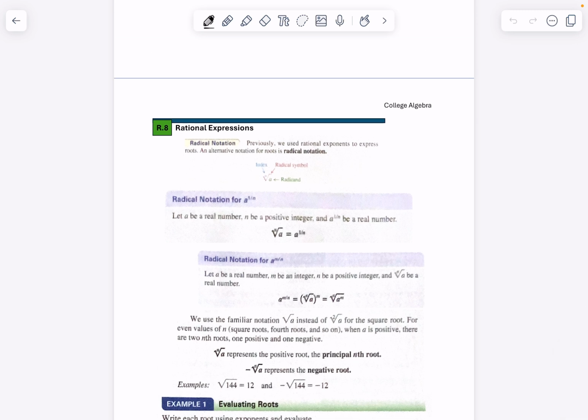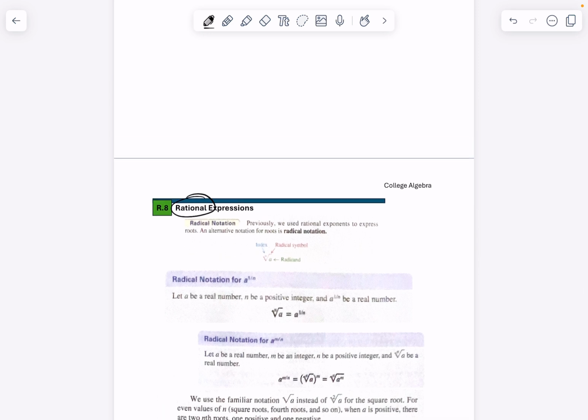But section R.8 is all about rational expressions. Just leading up to this point, we've been dealing a lot with polynomials, like x and x squared and x cubed, combining like terms and doing all the things.